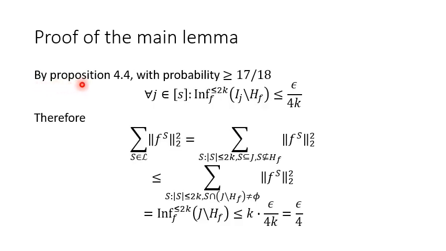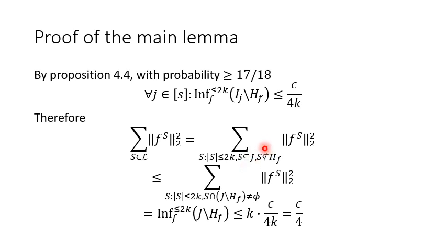Now, by proposition 4.4, with probability at least 17 over 18, for every part J, this inequality holds. So now we can take this sum and put in the definition of L. We will consider sets S that have a constrained cardinality and that are completely contained in J but are not completely contained in HF.